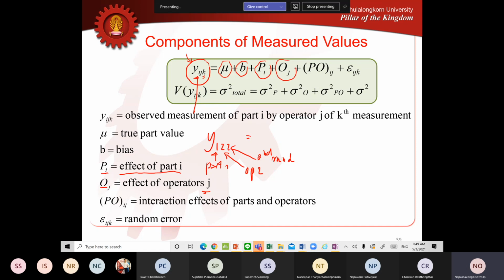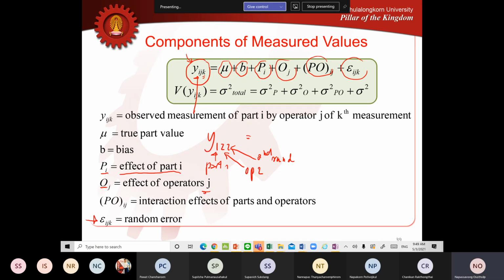If operator number 2 tends to give large measurements, then if that part is measured by operator number 2, we tend to have a large observation. And it also depends on the interaction effect. PO means the interaction effect among the parts and the operator. I will talk about that later. And the last component is what we call random error.